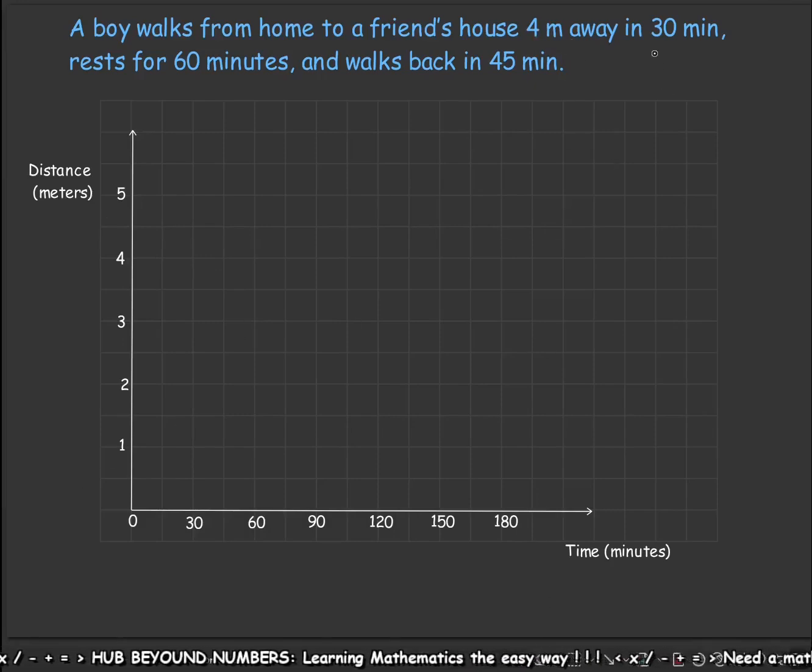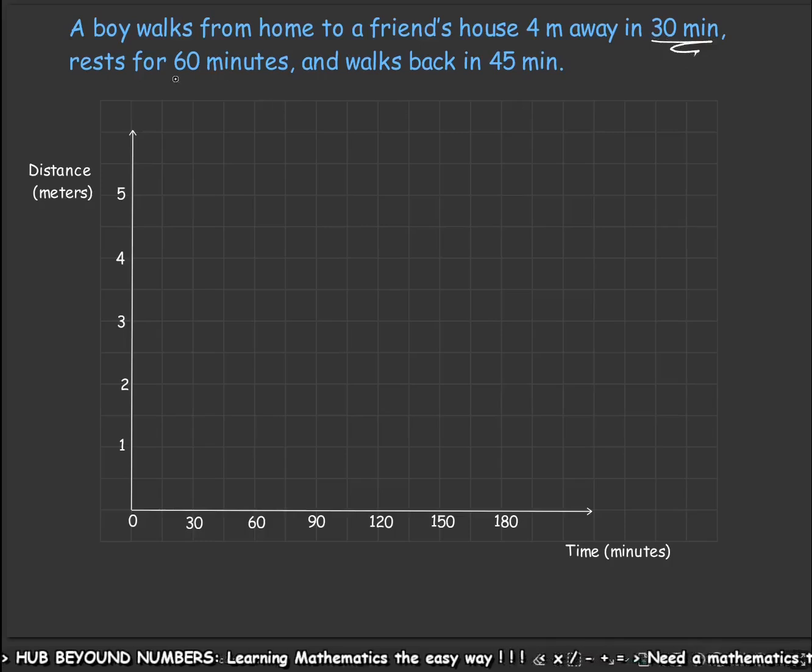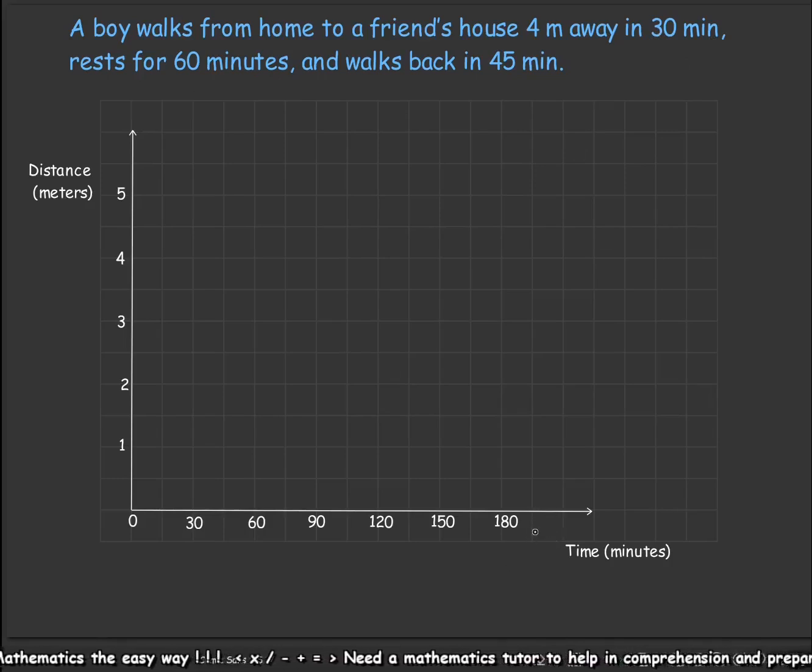Secondly, I have 30 minutes and then 60 minutes and then 45 minutes. If I add all that, I should know where my limit should be. You get it? So with all this, you try and then get your own scale. That will make your work presentable and then visible as well.